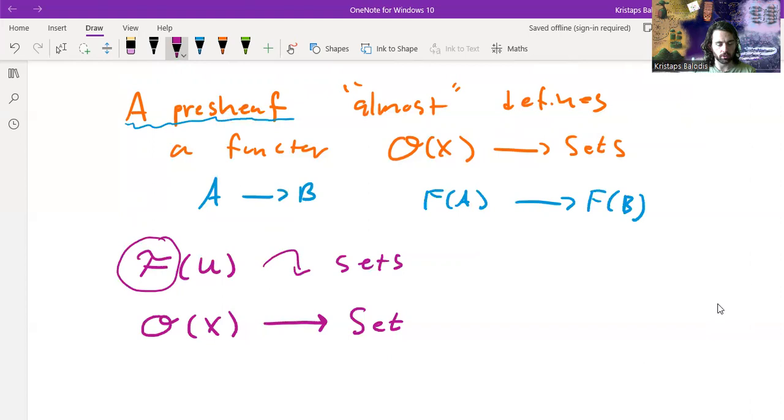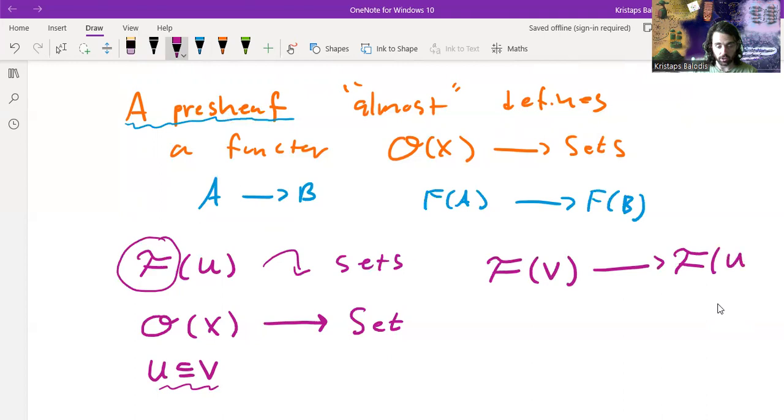Well, in this category our morphisms only exist when U is a subset of V. And our presheaf axioms said that if U were a subset of V, then you get a restriction map from the sheaf over V to the presheaf over U, right?